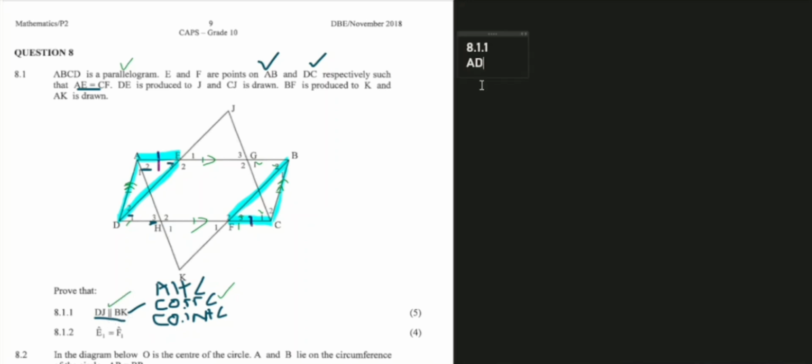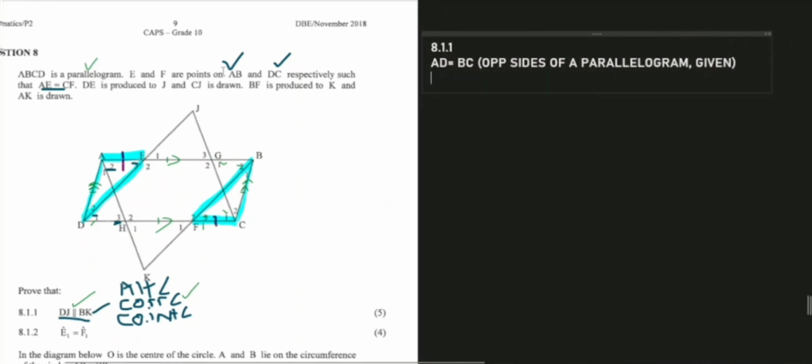We know that AD is equal to BC. We know this because they are opposite sides of a parallelogram. That was given. We also know that AE is equal to FC. This was given. Now, we can also say that angle A is equal to angle C. Remember to write the reasons on top of these letters if you're writing an exam.